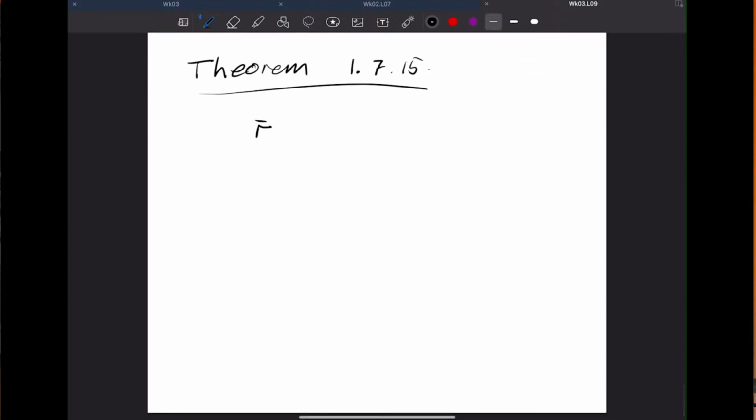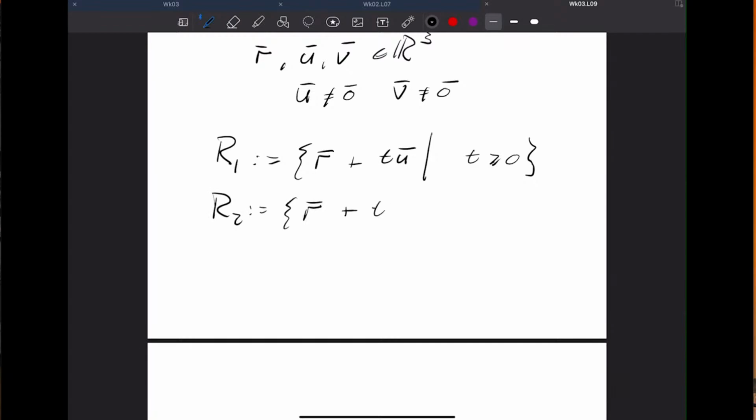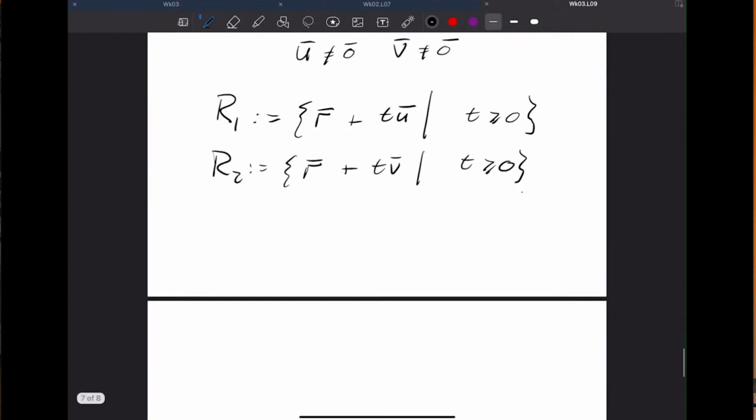So if we have R, U, and V in R3 with U and V not zero, and we take a look at the rays, ray 1, R plus TU, where T is a non-negative number, and ray 2, which we define as R plus TV, where T is a non-negative number.